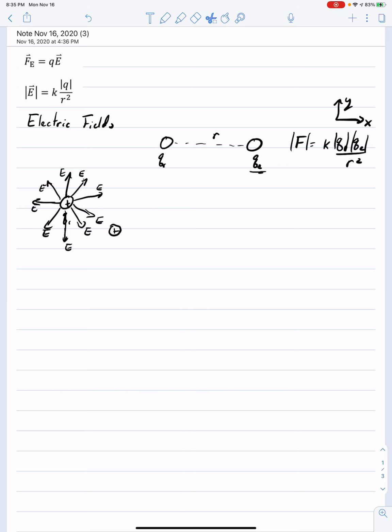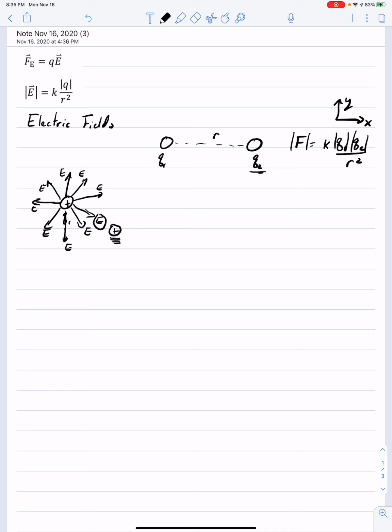At this moment, because we understand the electric field at this position right here, we can analyze the force being experienced by this charged particle due to the electric field that I just highlighted.